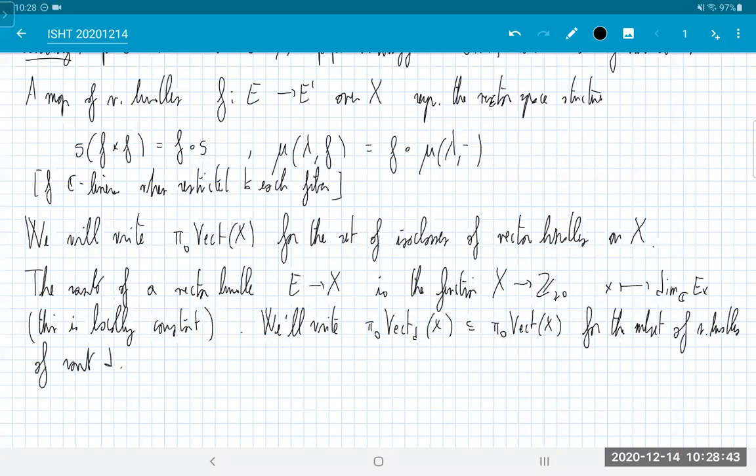I think I'm going quite fast, so maybe I should stop for a second and see if anyone has questions. And when I say rank d, I mean the rank is the constant function d.